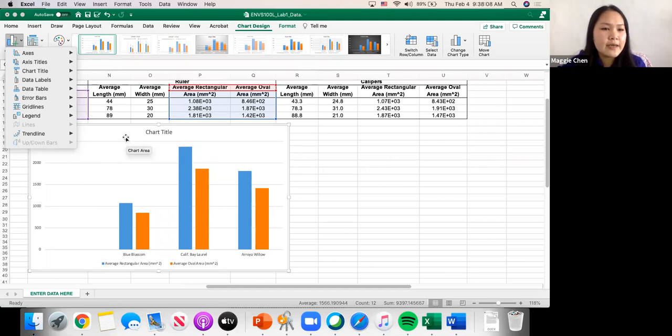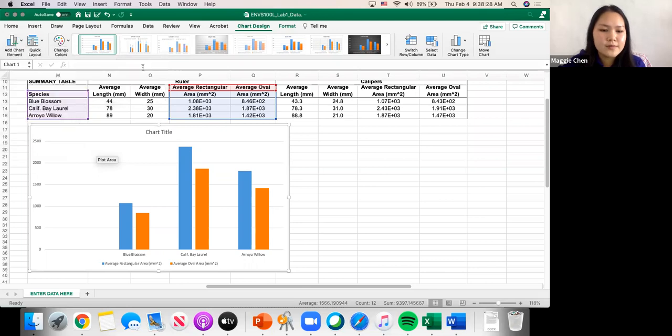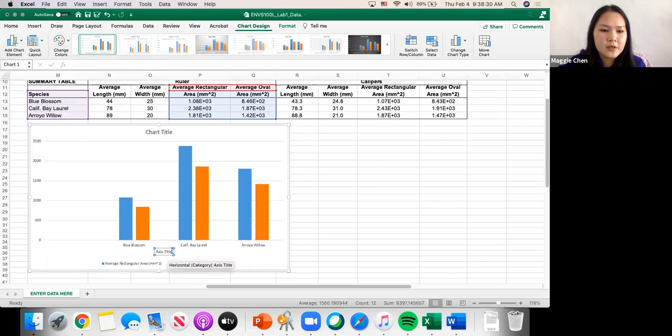If we wanted to add in our X and Y axes titles, under Add Chart Element, there's this drop-down bar. And if you hover over Axes Titles, we're given our Primary Horizontal, or our X-axis, or Primary Vertical. We're going to want to add in first the Primary Horizontal. When that pops up on our chart, we can just change it to what are we looking at?